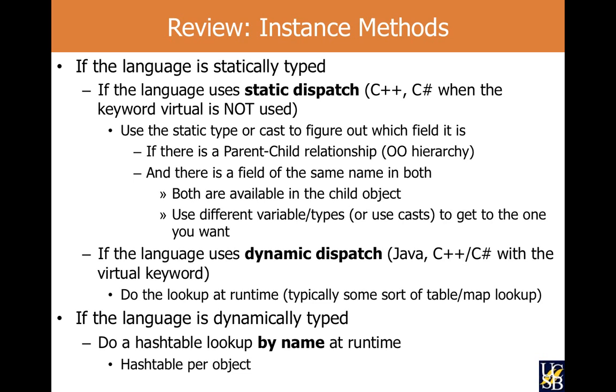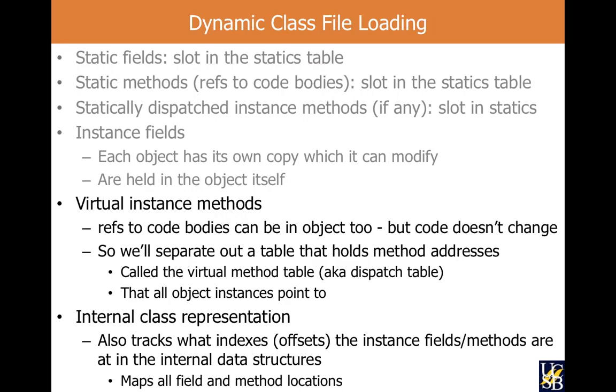That is, when we inherit an instance method that's dynamically dispatched, it's overwritten, not hidden. And so we're going to inherit a method, and if the child implements that method of the same name and signature, it's going to replace the one that it inherited from the parent. And this way, we're going to be able to perform dynamic dispatch pretty efficiently.